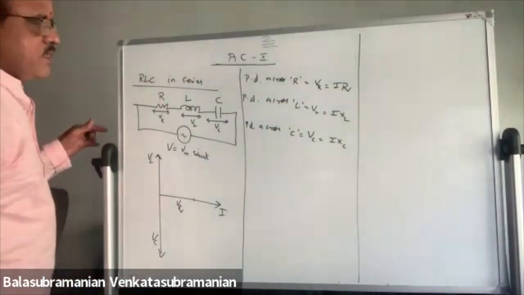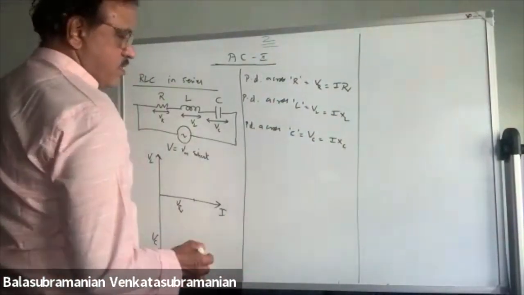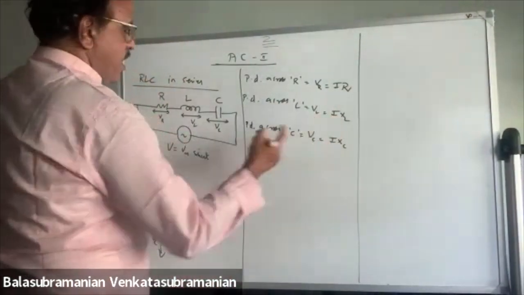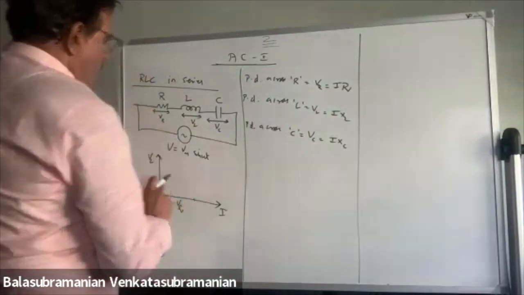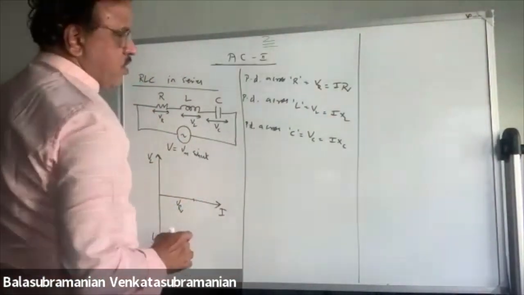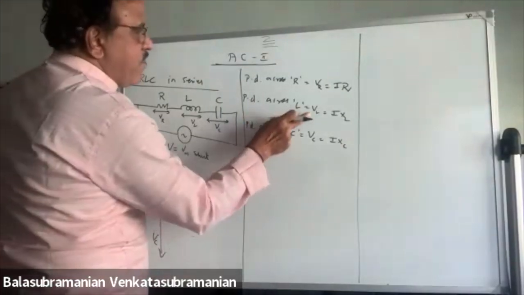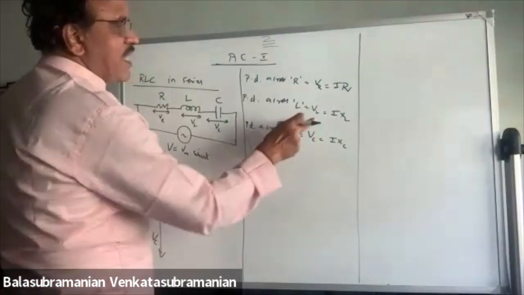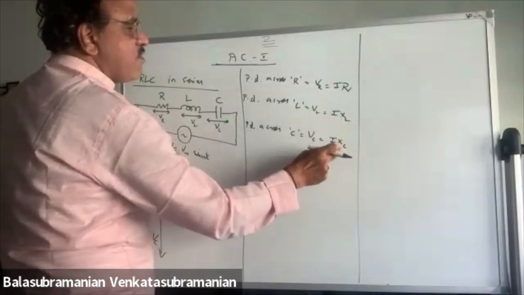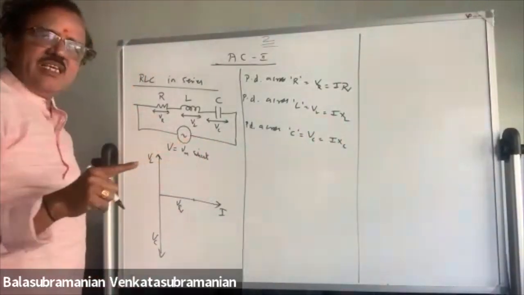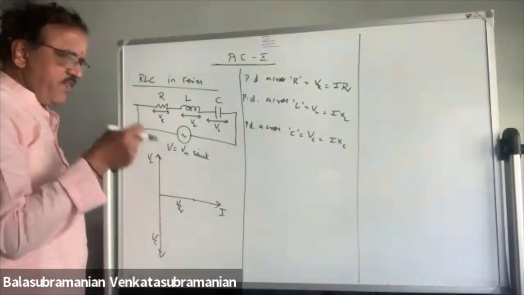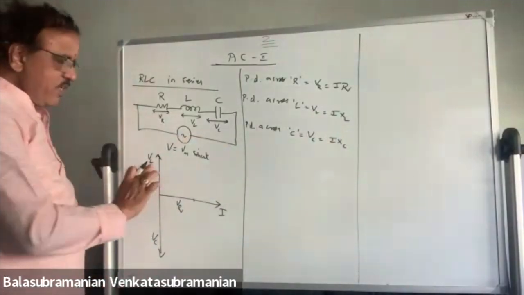For all the three, I is constant. When you compare VL and VC, IXL, IXC, I is constant. So we have to see whether XL is greater or XC is greater. Because out of these two, first we will find the resultant, then we will use it for VR.